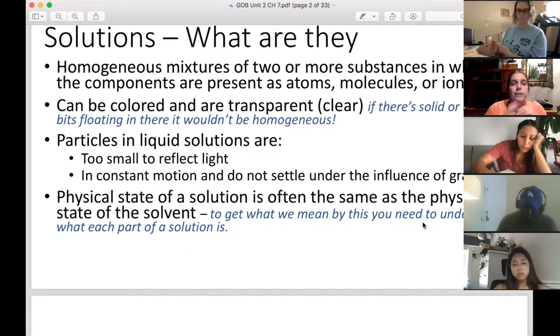And the physical state of a solution is the same as the physical state of the solvent. So if the solvent is liquid, then the solution is liquid. If the solvent is solid, then the solution is solid. And it's odd to think of a solid as a solution, but in terms of defining it by its parts, it could be.